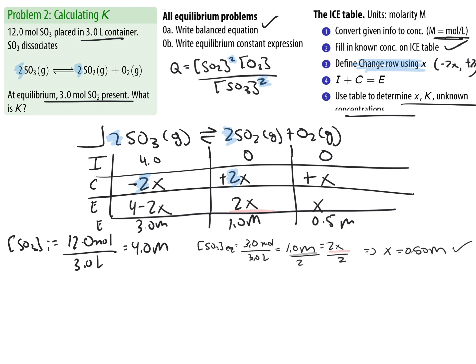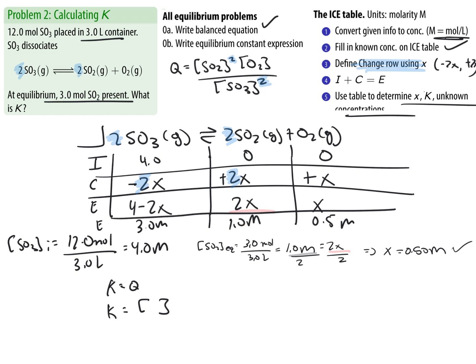With that done, now I can plug into K equals Q. So at equilibrium, K is equal to Q. So therefore, K is going to be equal to my Q at equilibrium, which is SO2 squared.